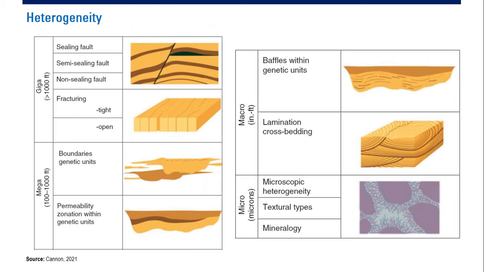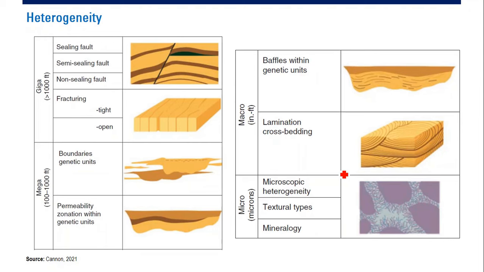Also something that is very important for the reservoir is heterogeneity. Of course, the reservoir is not uniform. The reservoir is not homogeneous. The reservoir is very heterogeneous. The property at one point will be significantly different from the property at another zone. There is no reservoir with the same property at all points. That's impossible.